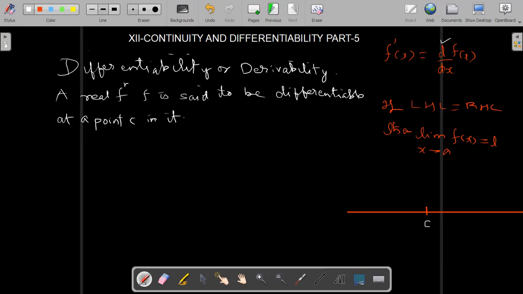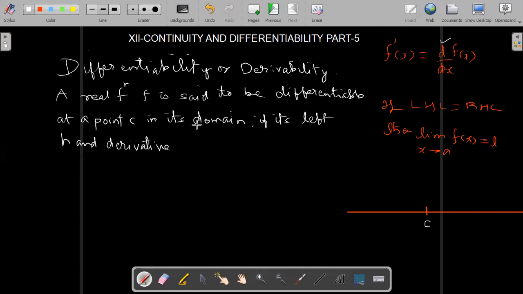Domain and range we have already seen for functions. So a function is differentiable in its domain if its left hand derivative and right hand derivative exist. I will tell you what the left hand derivative is and how to find it.